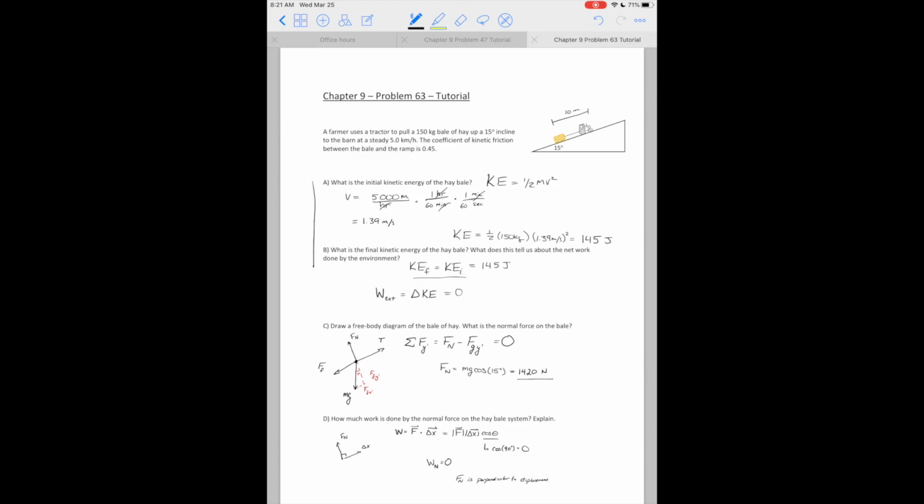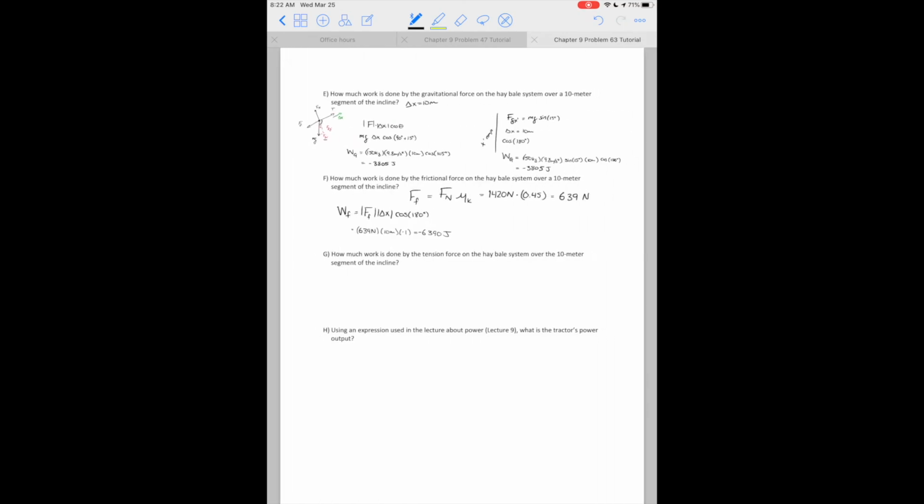What we've said is that we're not changing the kinetic energy of the system at all, no matter where we are on this slope. We have the same kinetic energy, the same velocity. And so what I've said is that the total external work by the environment is equal to 0.